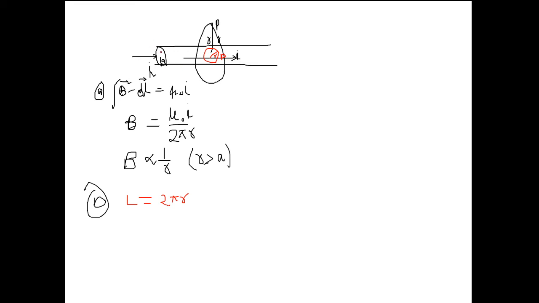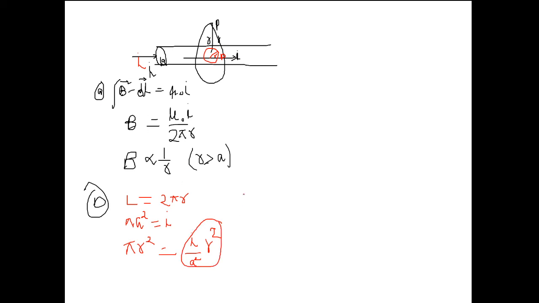If the area of the wire is pi a square, then the current threading through it is I. If the area is pi r square, then the current enclosed will be I by a square into r square. So this will be the current threading through that area.